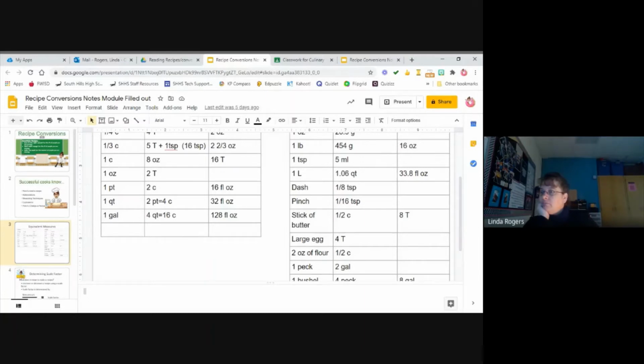It would be 0.25 cups. Okay, so which is the same as what in fraction form? What's the fraction of 0.25?